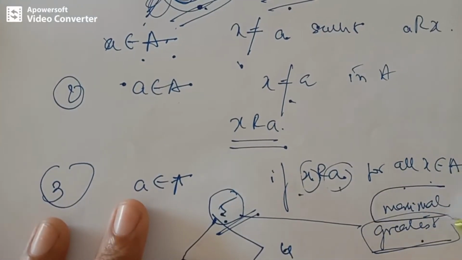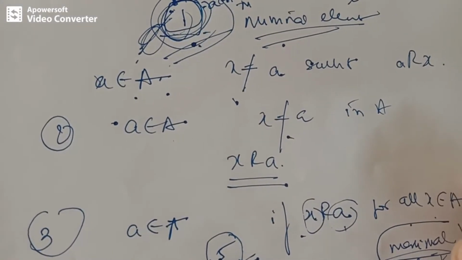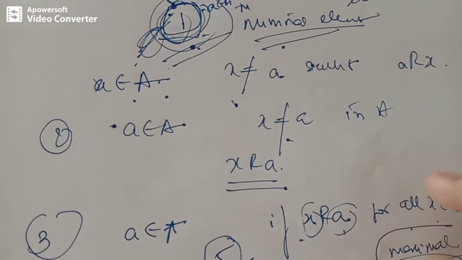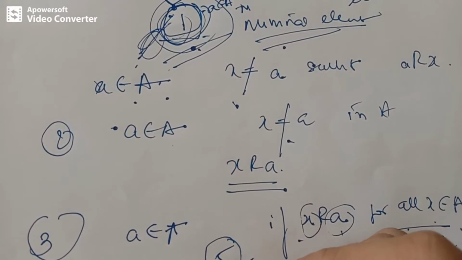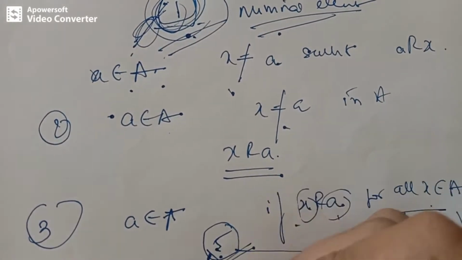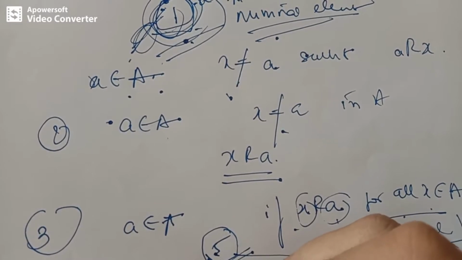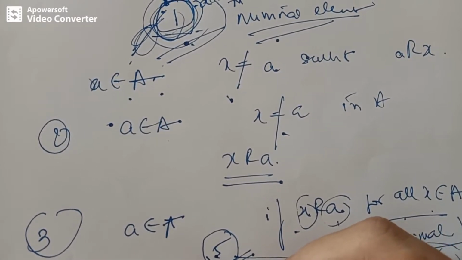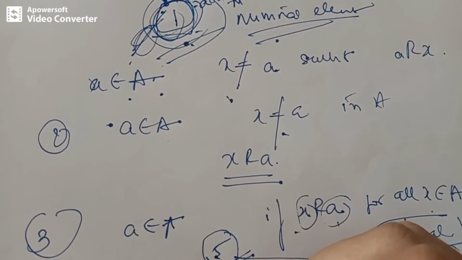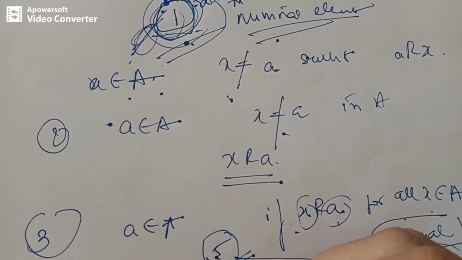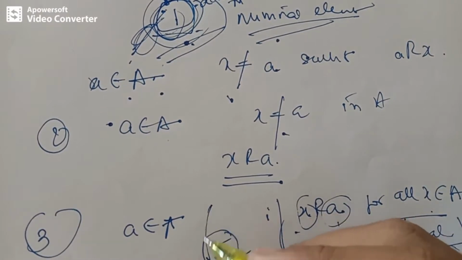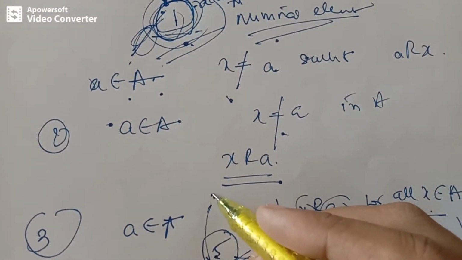According to the definition of maximal element, whenever we select that maximal element, there should not be any further edges coming out of that particular element, and therefore we can consider it a maximal element.